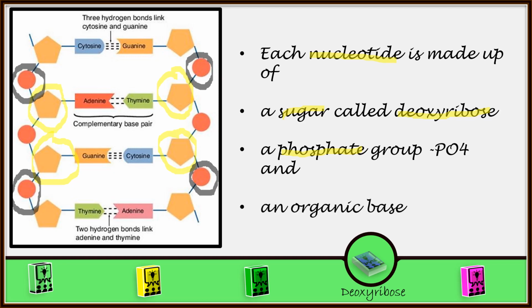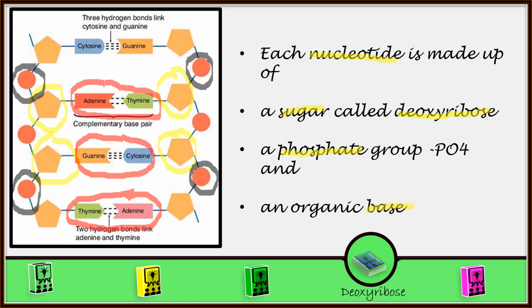And it is also made up of the organic base. The bases are these ones that we have in the middle. Guanine here, and then we have cytosine. Adenine and thymine. Cytosine and guanine. All those are bases.